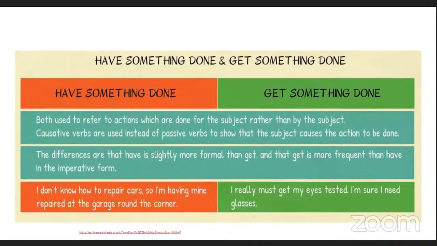But if you apply this case, it will be I will be having my daughter buy a notebook. That means that I'm going to make my daughter do something for me.